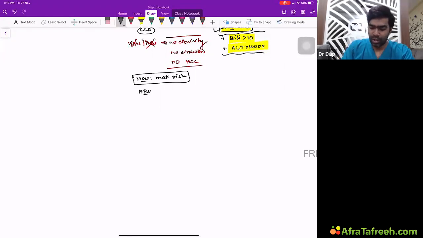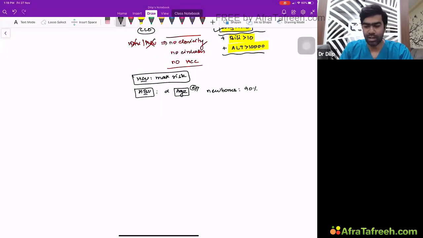And the risk of developing chronicity in hepatitis B virus depends on age, inversely proportional to the age of the individual. This is a very, very important point and a very important question. And you can think about immunity as a very important risk factor. The lower the immunity, the higher the risk of developing chronicity with hepatitis B virus. For example, newborns have almost 90% risk of developing chronicity.